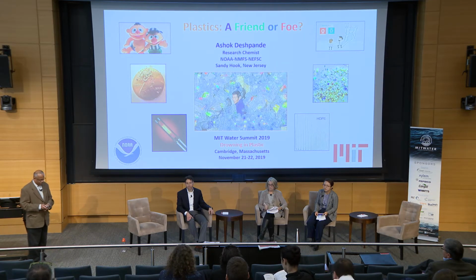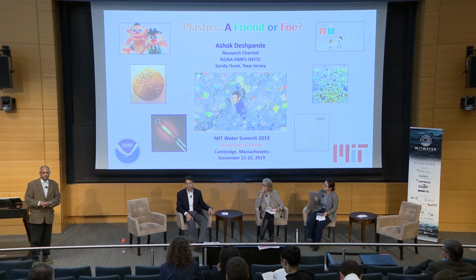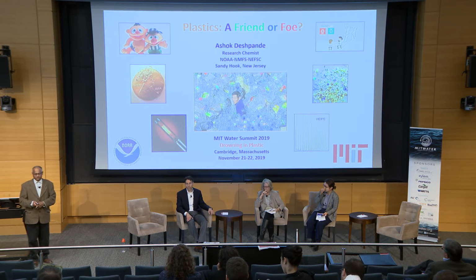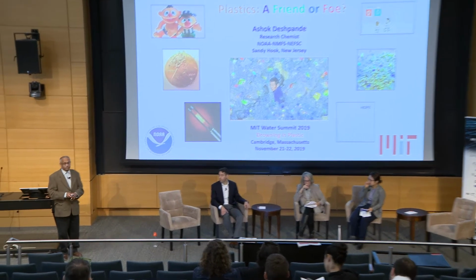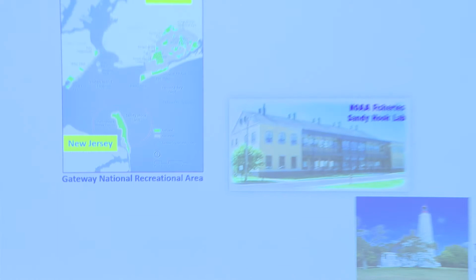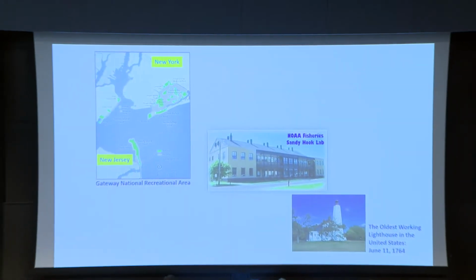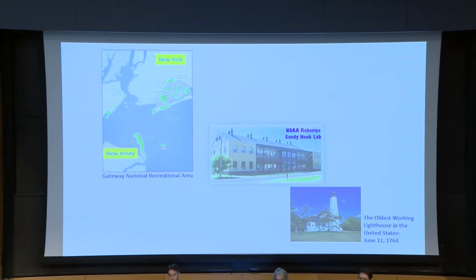Good morning. It's an honor to be here at MIT among the distinguished scientists. My name is Ashok Deshpande. I work as a research chemist at the NOAA Laboratory in Sandy Hook. Our lab is located in the Gateway National Recreation Area across the water from New York City. Sandy Hook has the oldest working lighthouse in the US.